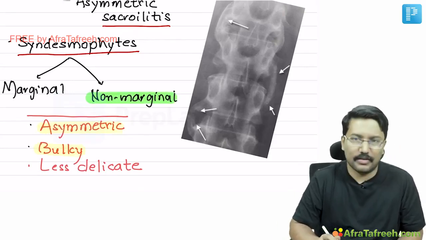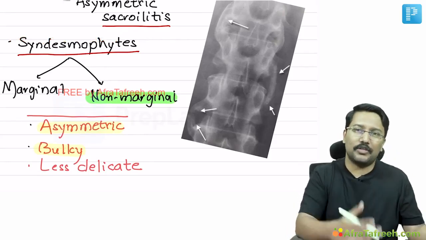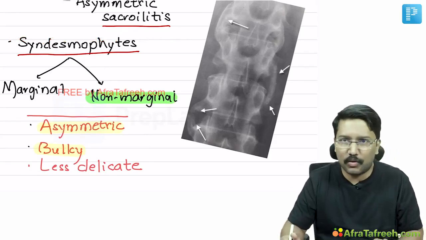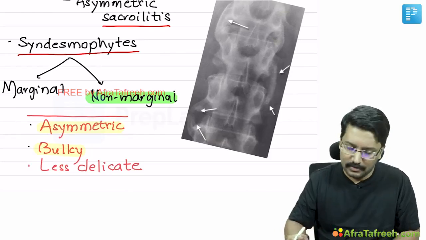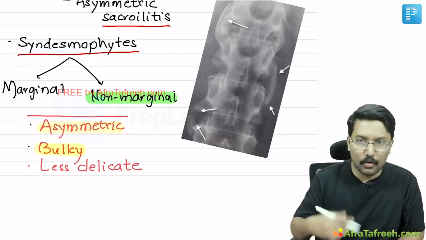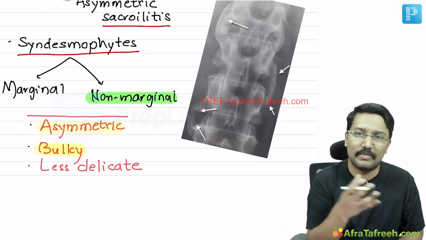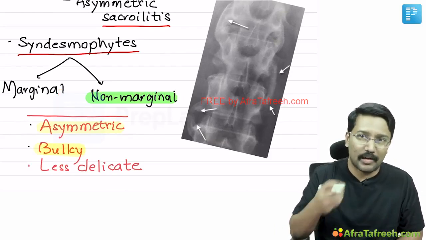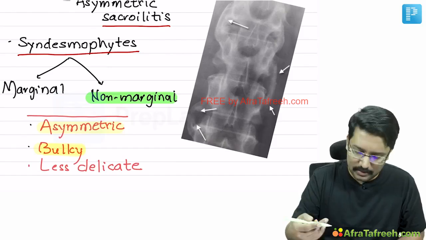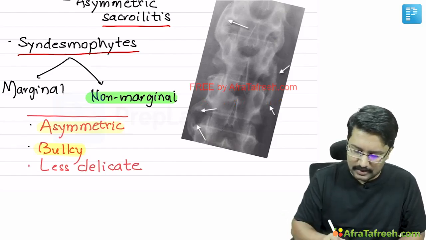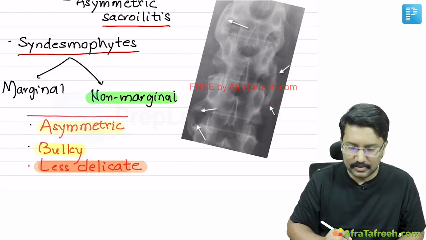They are generally bulky. Symmetry is what we generally anticipate in ankylosing spondylitis, but here it is asymmetrical. They are bulkier than the characteristic marginal syndesmophytes that we see in ankylosing spondylitis. Compared to that, these are more bulky, and they are generally less delicate.